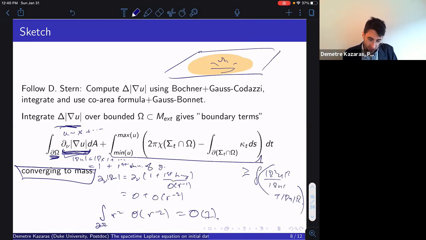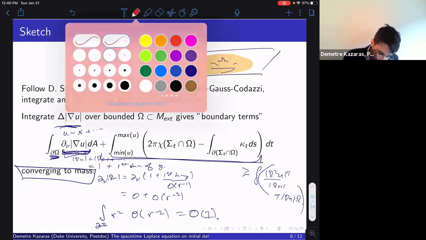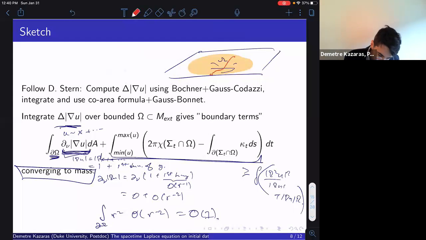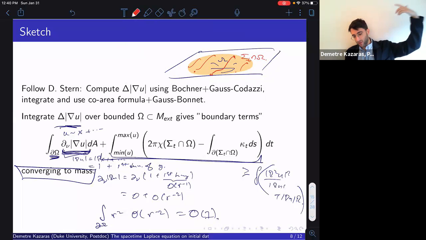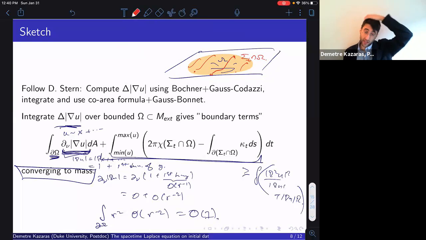On the other hand, you also get a little bit of a difference. You want to use Gauss-Bonnet on the portion of a level set which lies inside of this region omega. You would call that sigma t intersect omega, many of these level sets. You would like to calculate their Euler characteristic. Well, you have Gauss-Bonnet for a surface with boundary.